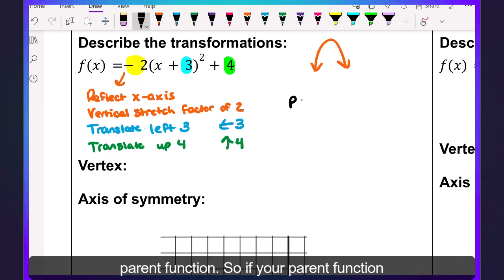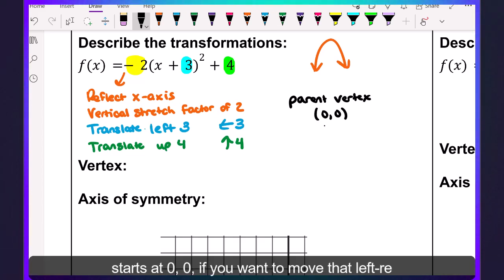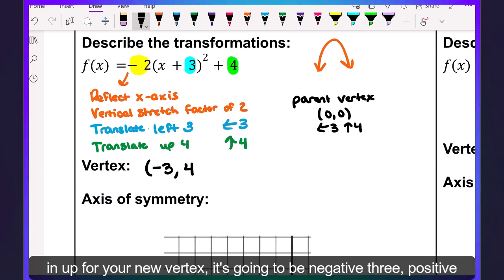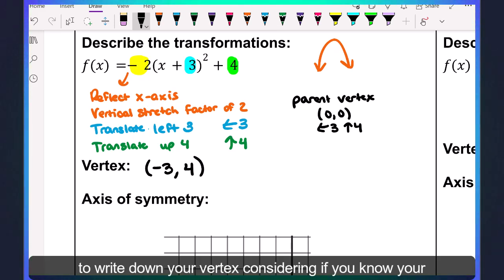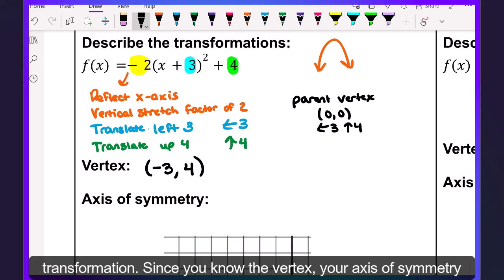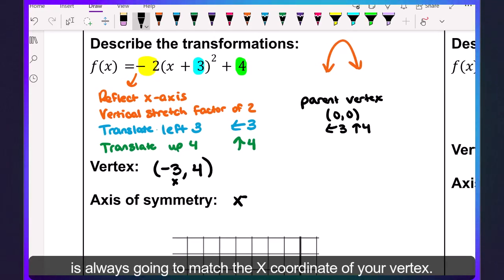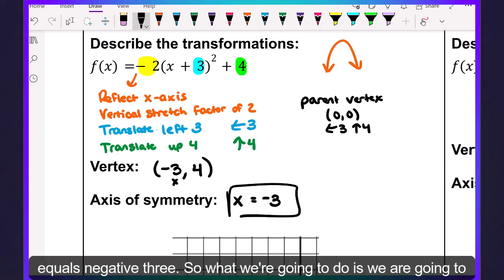So if your parent function starts at 0, 0, if you want to move that left 3 and up 4, your new vertex is going to be -3, +4. So if you have a function written in vertex form, it is very easy to write down your vertex considering if you know your transformations. Since you know the vertex, your axis of symmetry is always going to match the x-coordinate of your vertex. So if x is equal to -3, your axis of symmetry will be x equals -3.